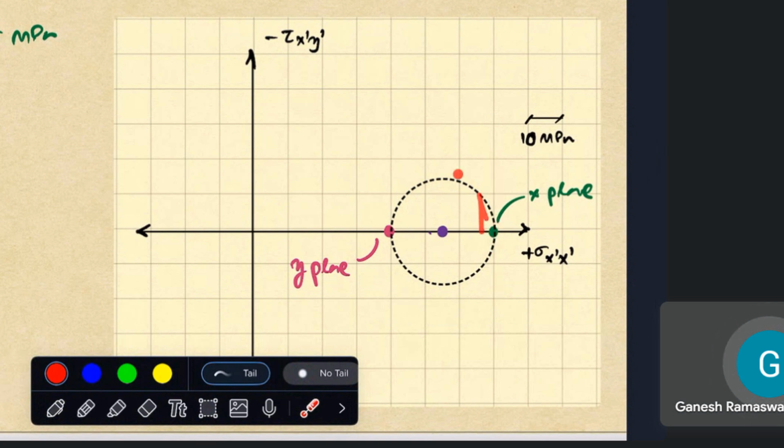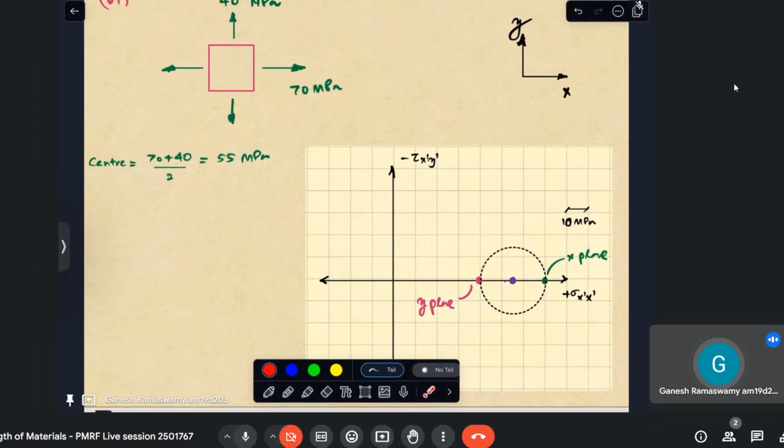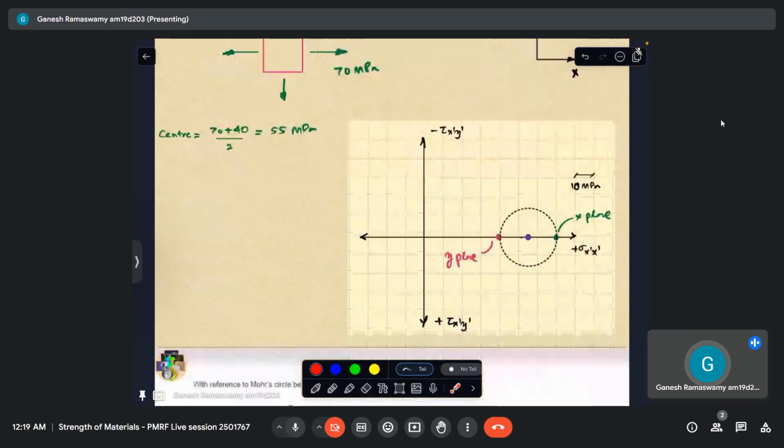Essentially, all other normal stresses are less than 70. So 70 happens to be the maximum principal stress in this plane, and there is nothing below 40 in this plane. So 40 happens to be my minimum principal stress for this plane. So this is what principal stresses are. This will be discussed in more detail in the classes to come. But in the interest of time, I'm just confining my attention to the Mohr circle.